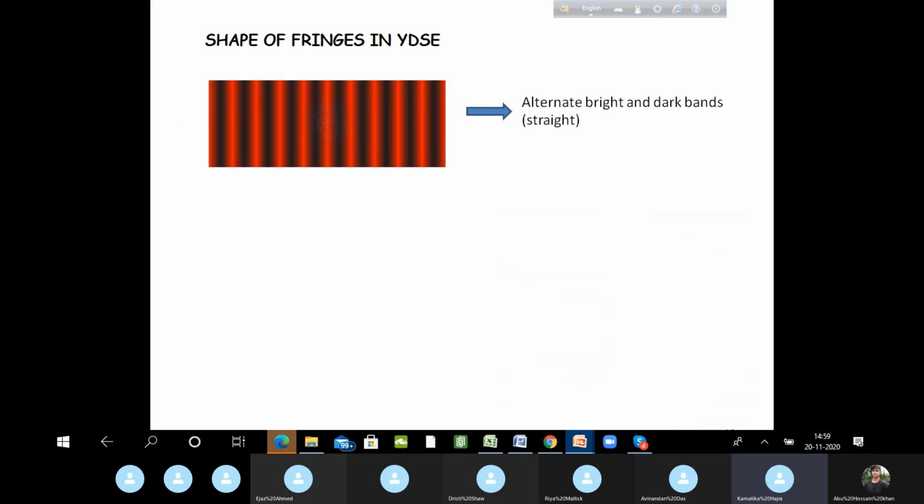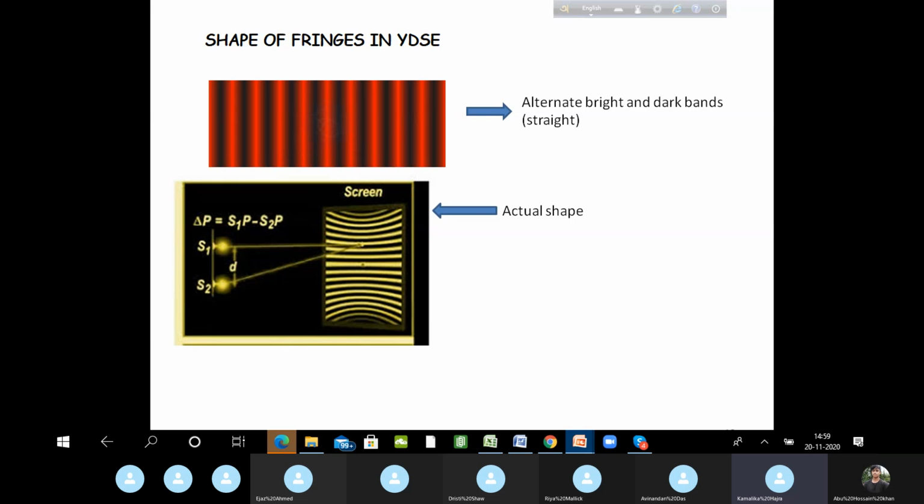Shape of fringes. We know this is the intensity pattern on the screen, alternate bright and dark bands. But actually, the shape is like this. So the actual shape is obtained as a rectangular hyperbola.